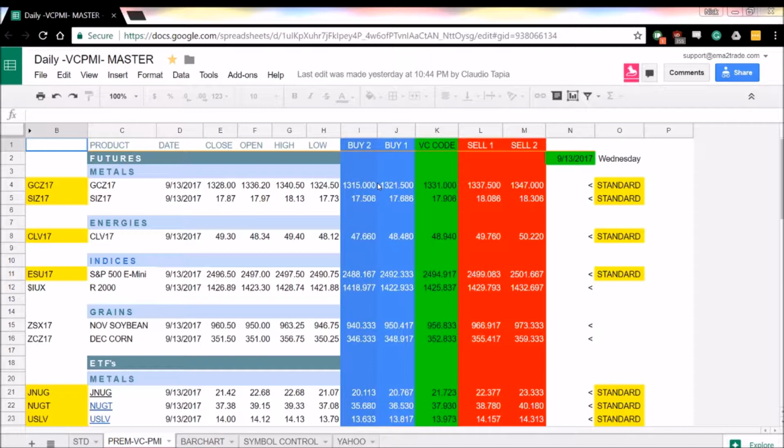The program identifies two levels of demand in blue, buy 1 and buy 2. The VC code is pretty much the mean, or the average price for the day, and the red zones are the supply zones identified for the following day, which are the sell 1 and sell 2 levels.